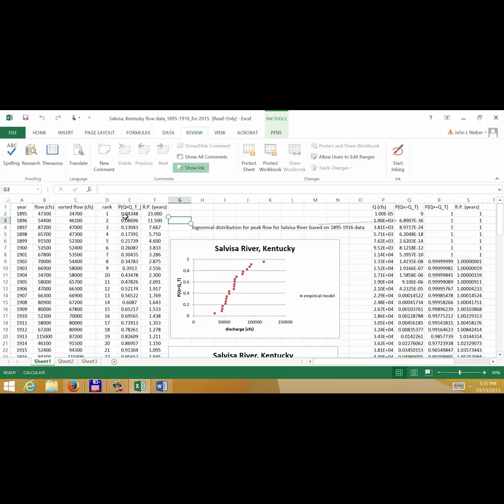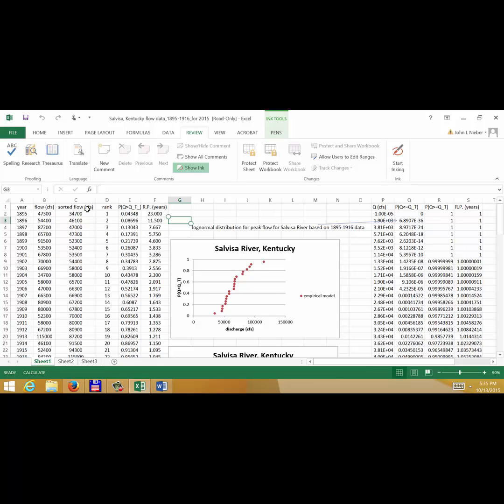So in column E we're saying that the probability that in any given draw, that is in any given year, the Q will be greater than 34,700, the value that's associated with that rank, is just 1 divided by 23. Well, 1 divided by 23 is 0.043.